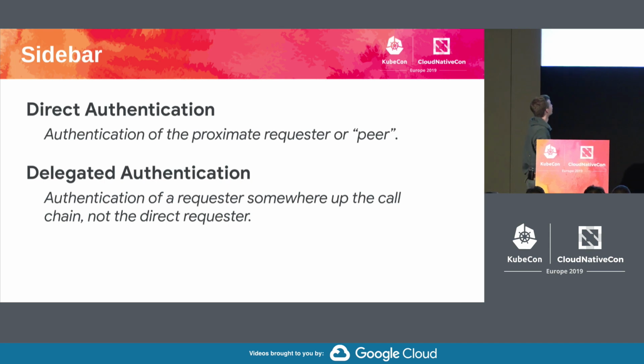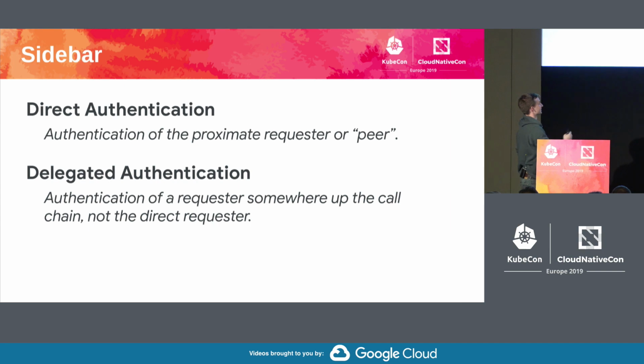And the last thing that I want to discuss before we hop into our game is direct authentication versus delegated authentication. Direct authentication happens when a server authenticates the proximate or adjacent requester, or the peer. Delegated authentication happens when a server authenticates a requester not by the direct requester, but by the originator of the request.